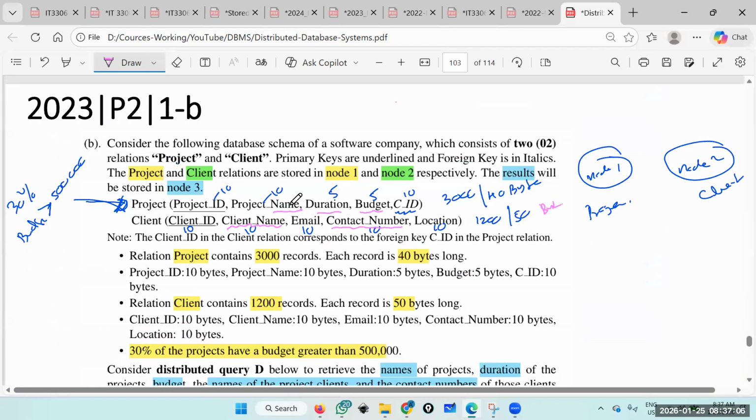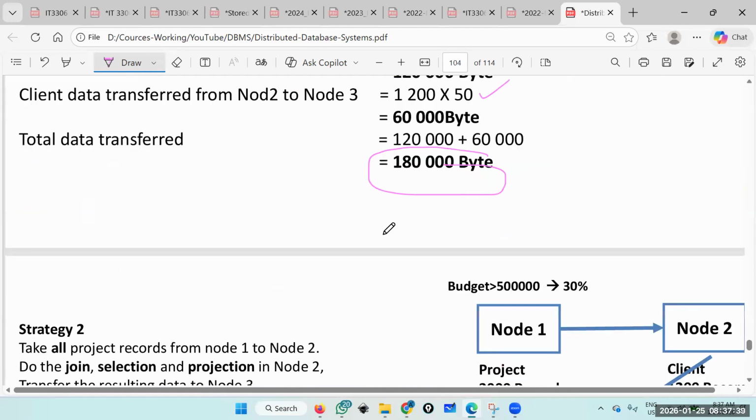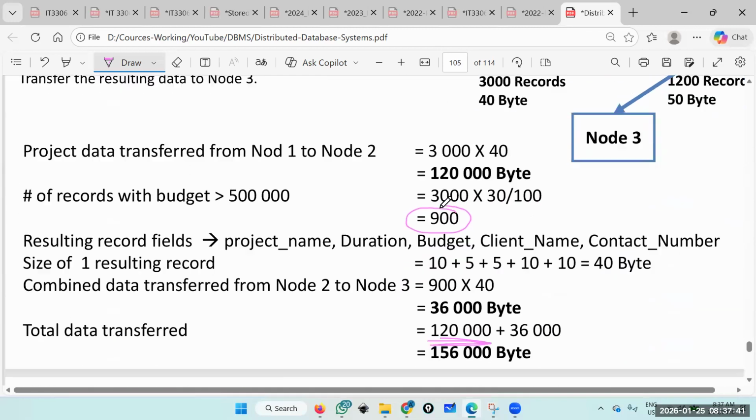We need name, project name, 10 byte, 5 byte, 5 byte, that is 10 plus 5, 15, 20, 30, 40, 50, 60. 60 byte, because you don't even need client ID and project ID. So therefore 10, 15, 20, 30, 40, 50. 50 bytes.